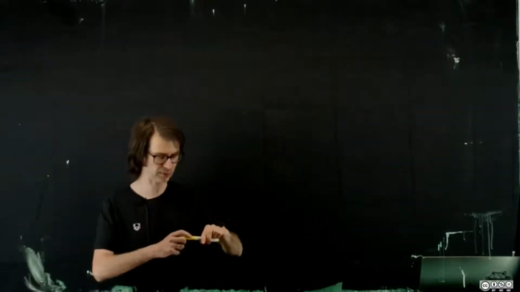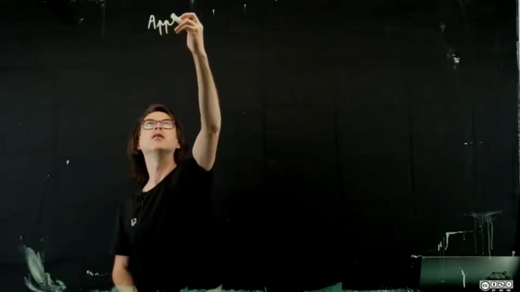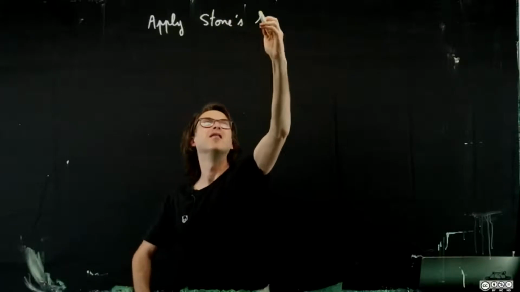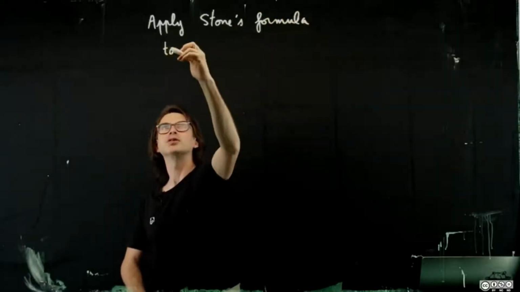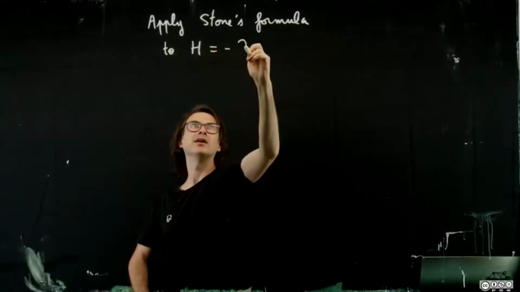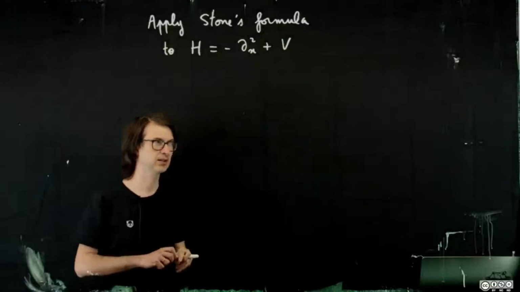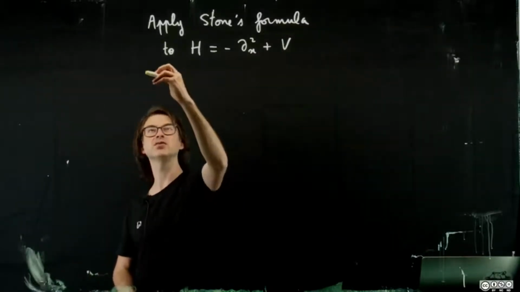Okay, so now we want to apply Stone's formula to a Schrödinger operator of the form minus dx squared plus v. Okay, so we need to find the resolvent.